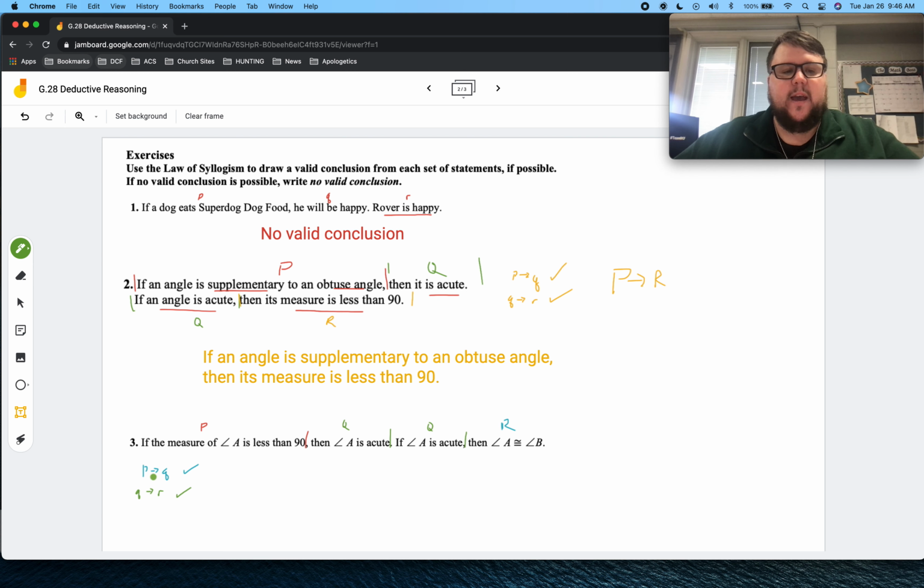So now, since we have P implies Q is true and Q implies R is true, we are left with P implies R. And so we're going to write that as our text.